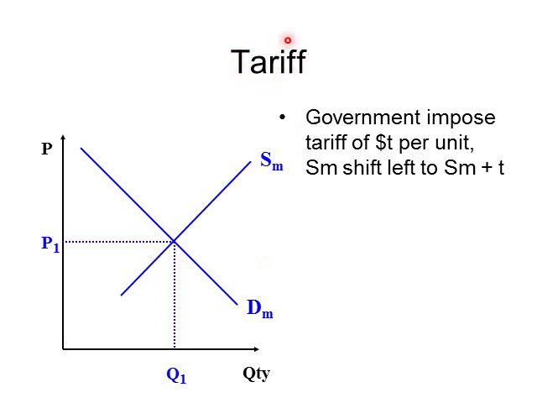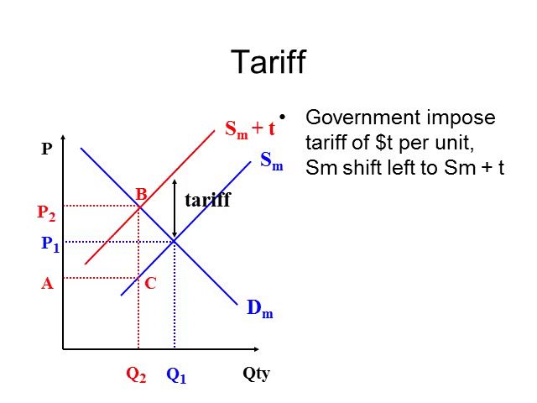When the government imposes a tax or tariff on the importer, the supply of imported goods becomes lesser because it's now more expensive to bring in these imported goods. So the supply curve shifts to the left. When your supply curve shifts to the left, you'll see that your new equilibrium point is now at B.